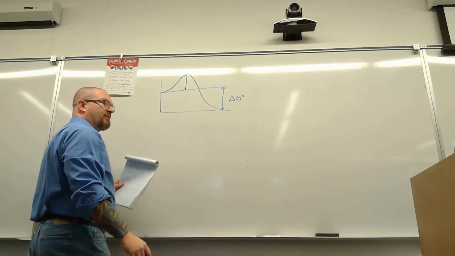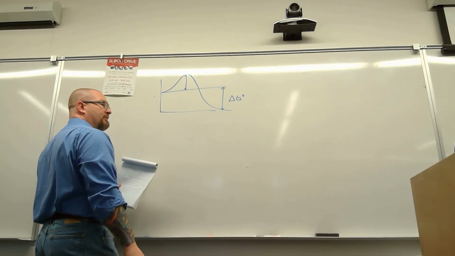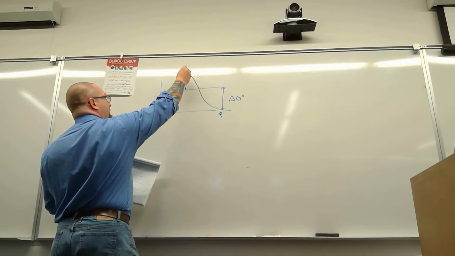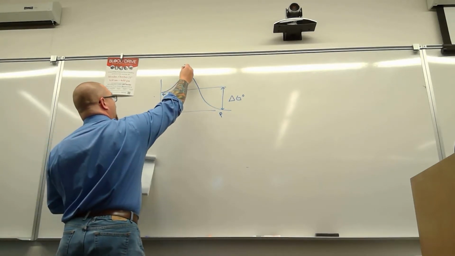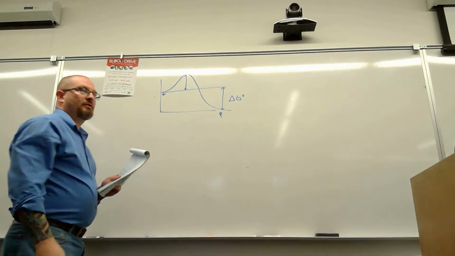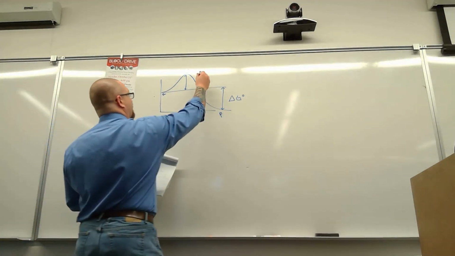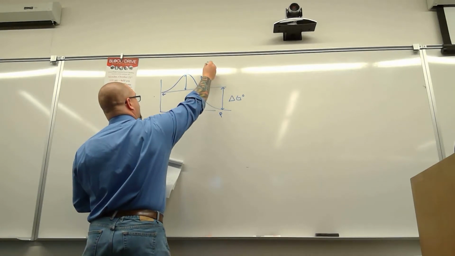Under standard conditions, this is delta G naught, the difference between our reactant and product. The difference between our reactant and our transition state is a different term that people have seen.